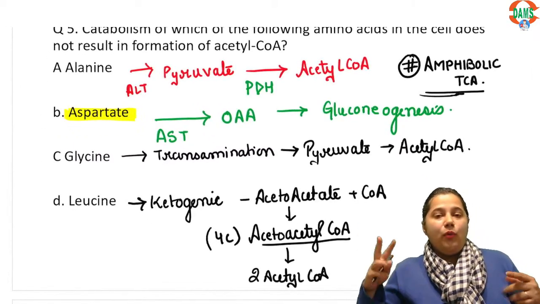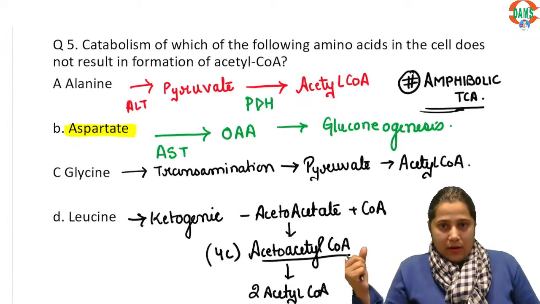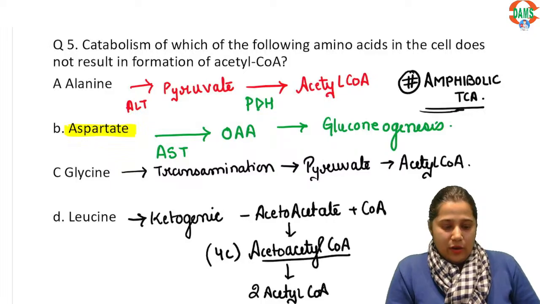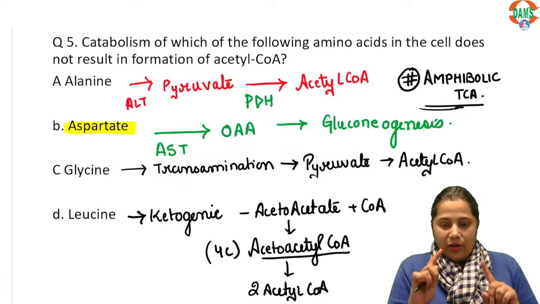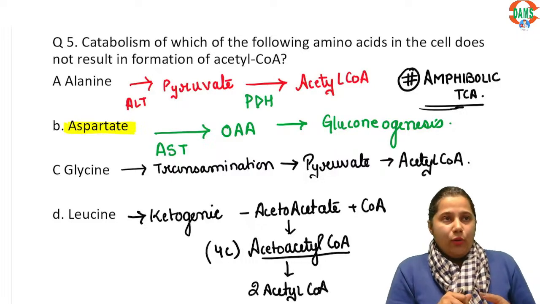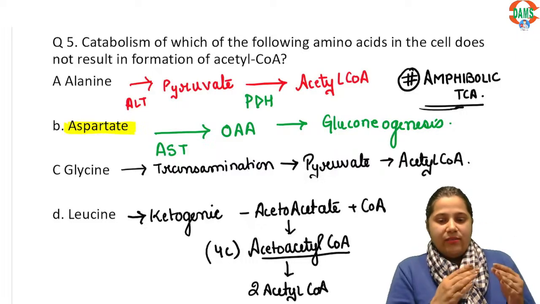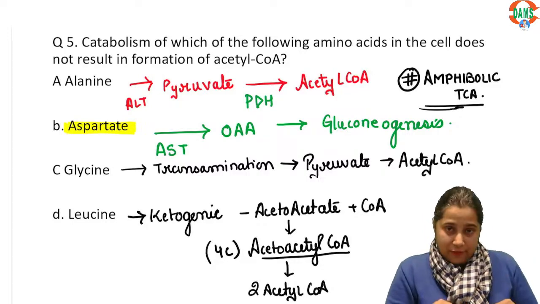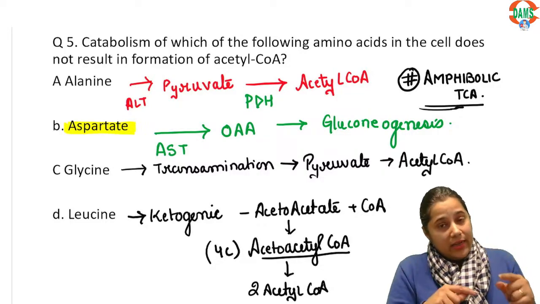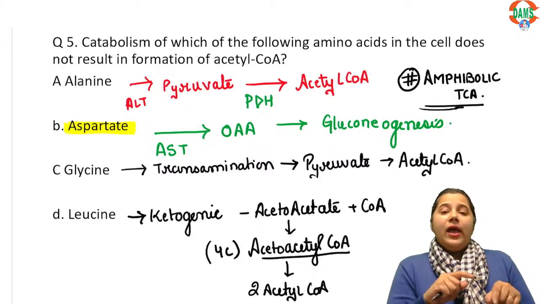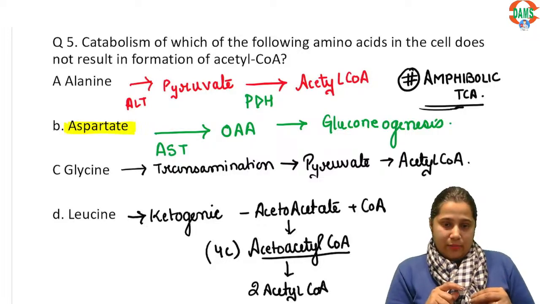to know what are the various amino acids, where they are entering at the level of the TCA. That way you will come to know that these are the amino acids which form pyruvate, which can form acetyl-CoA, and these are the amino acids which can directly form acetyl-CoA and other intermediates.